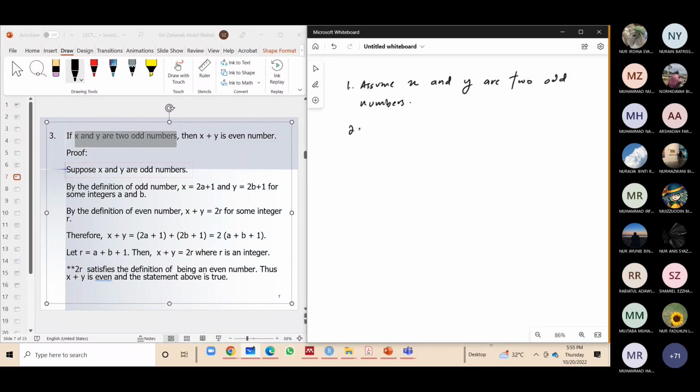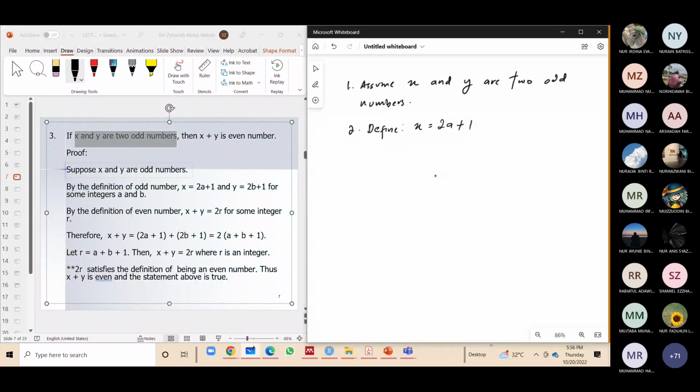And then step 2, you define x and y. Define x equals, okay, how to define an odd number? 2a plus 1. To define an even number, 2a, 2b, 2c, okay? But for an odd number, you have to use 2a plus 1. Or with any variables, 2b plus 1, 2c plus 1, okay?